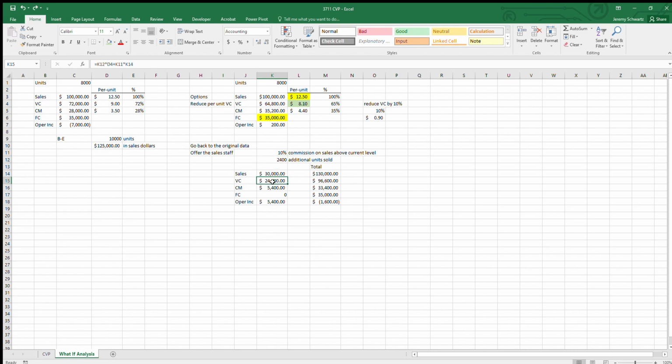But since we had the additional change in variable cost due to the commissions, we're still underwater here. And this is something that, again, maybe we need to dig a little bit more deeply.